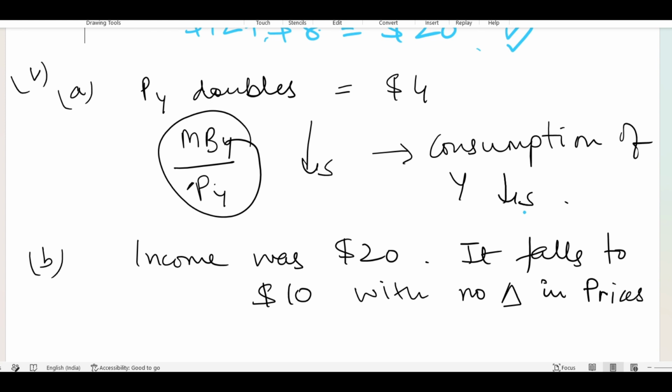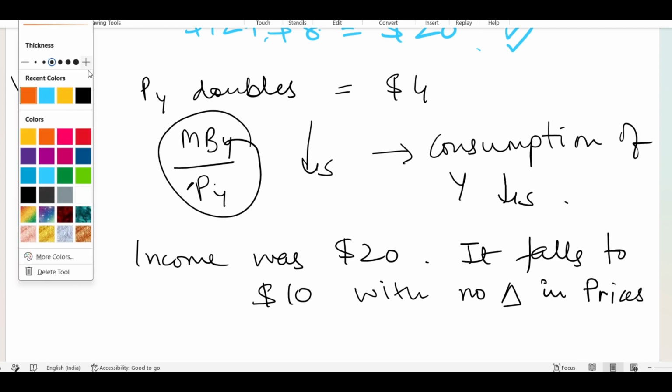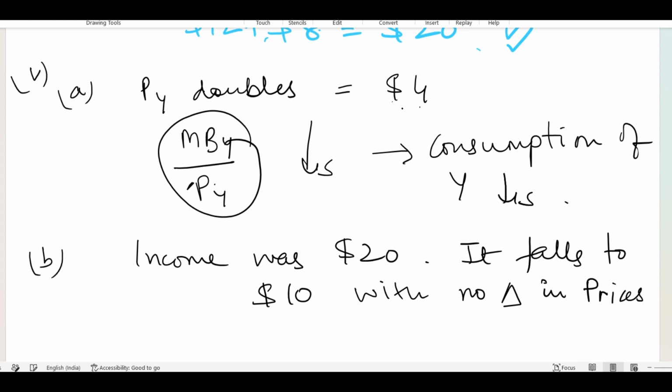Okay. The first situation is that the price of good Y doubles. So if the price of good Y doubles, then what happens? The price of good Y becomes 4, because earlier it was 2. So this entire ratio falls. And since the marginal utility, or the benefit derived from good Y, falls, the consumption of good Y also falls.